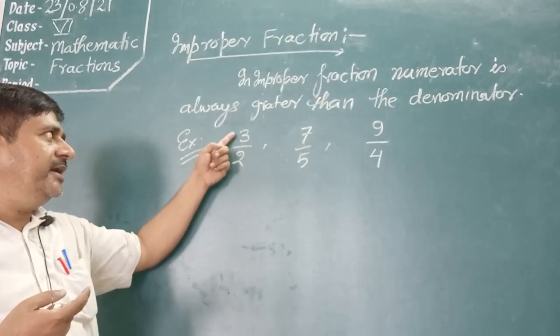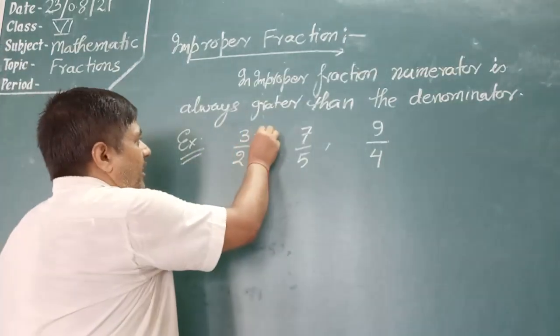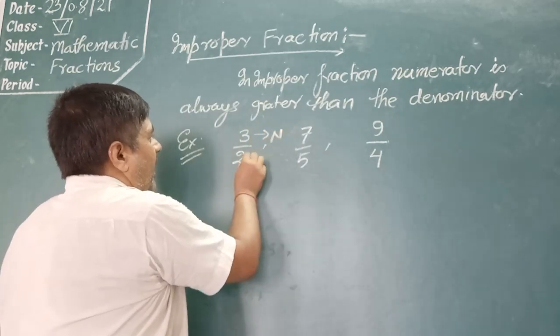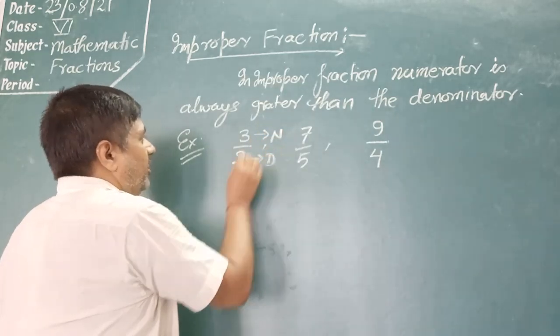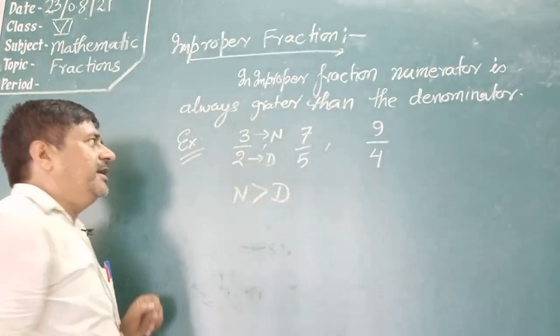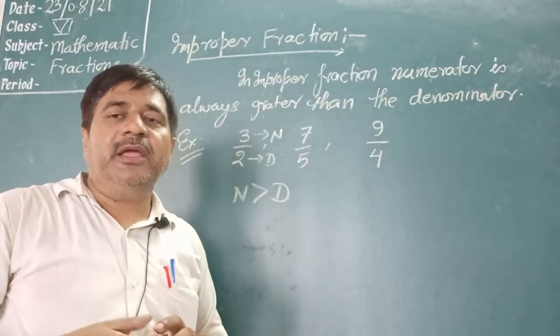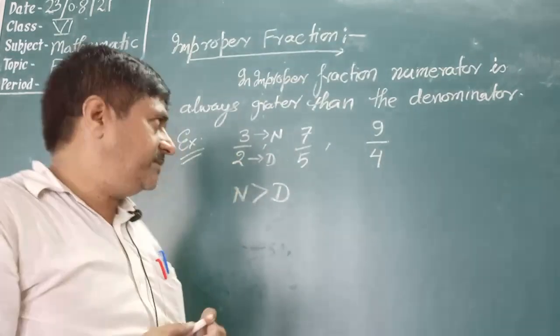Here 3 is greater than 2, and 3 is the numerator and 2 is the denominator. So the numerator is greater than the denominator, therefore it is an improper fraction.